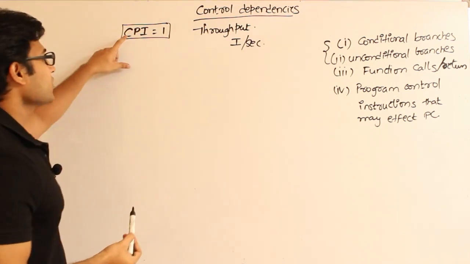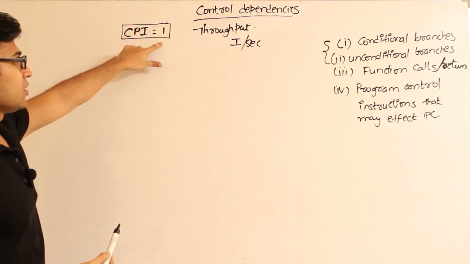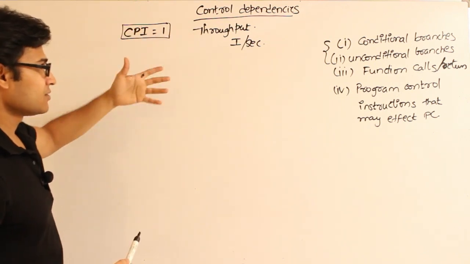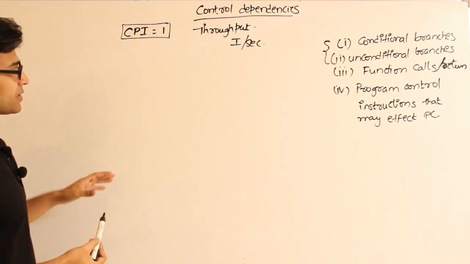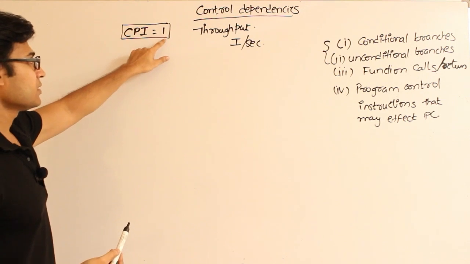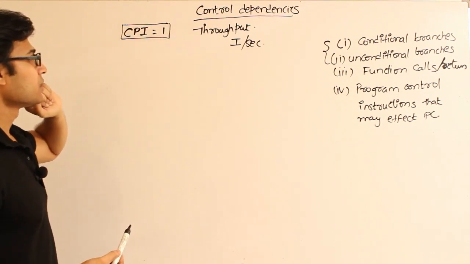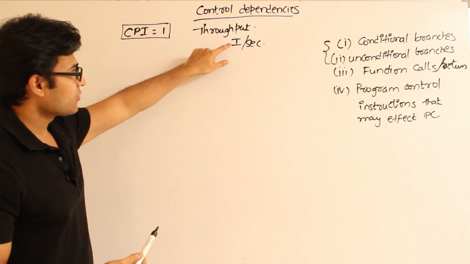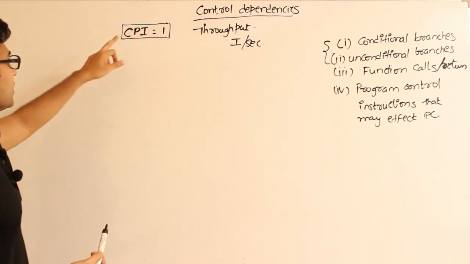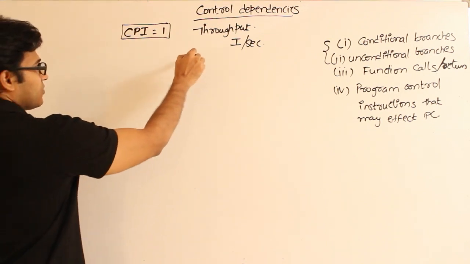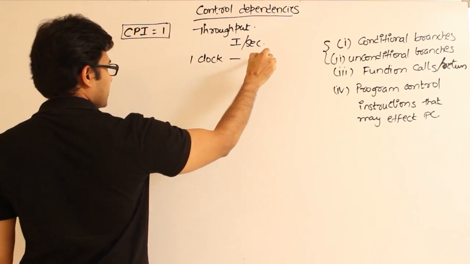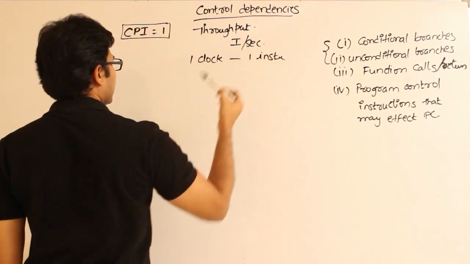How to convert this CPI equal to 1 to some number for throughput? This topic is not related to this one, I just remembered, that's why I'm telling you here. Sometimes they will ask you this in the exam. So CPI we know is 1. How can I convert CPI to throughput? Throughput is nothing but the number of instructions that can be carried out in 1 second. Try to understand this. CPI is 1 means in 1 clock I can finish 1 instruction, right?